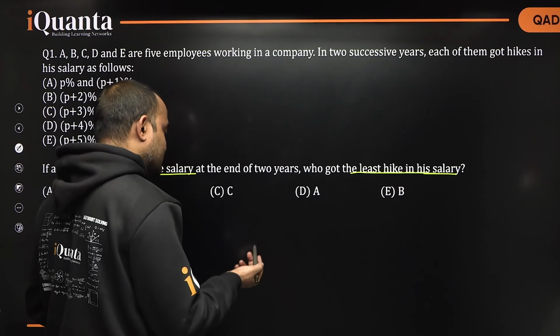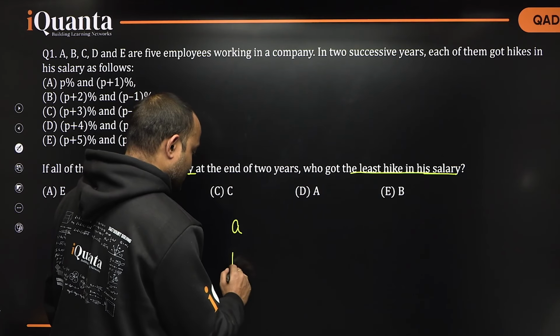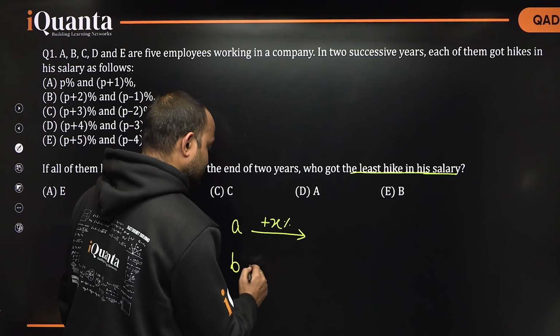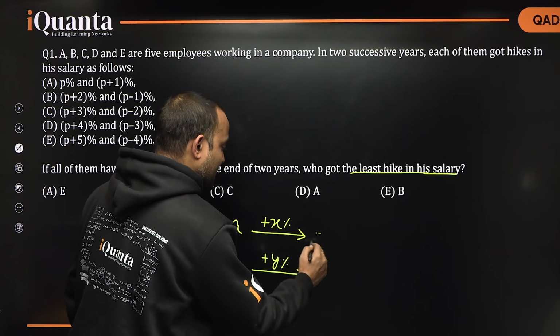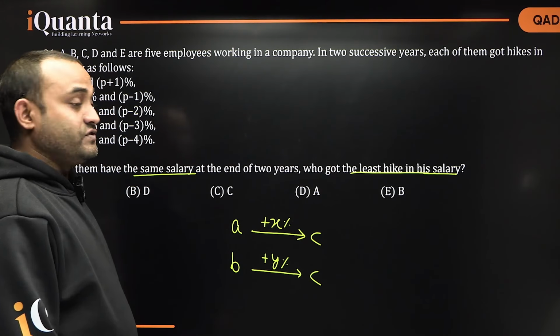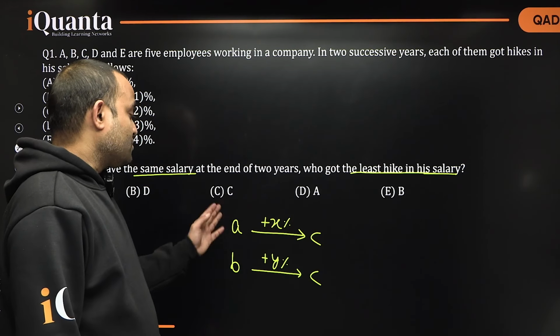So let's talk about something. Let's say there is a quantity A, there is a quantity B. I increased A by X percent and I increased B by Y percent, and then I am getting the same result C in both cases. What can we say? Which value will be bigger, in case of A or B?